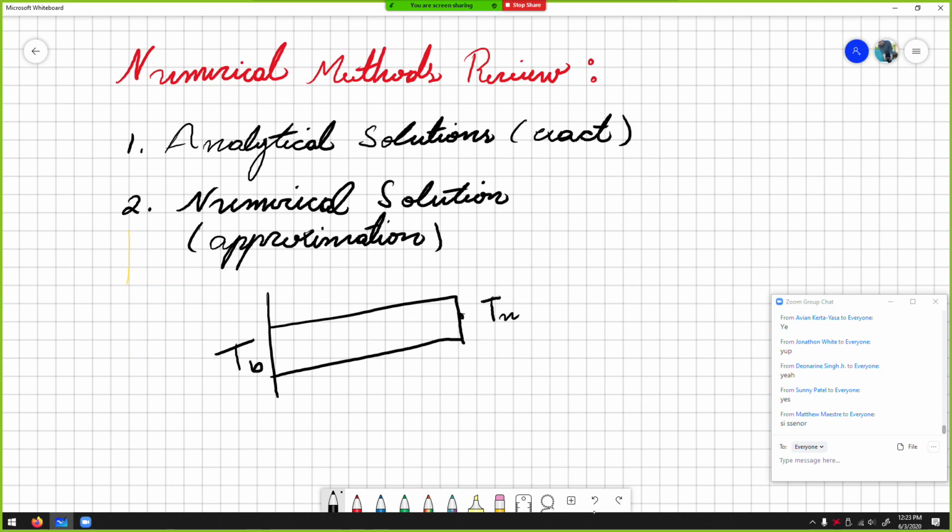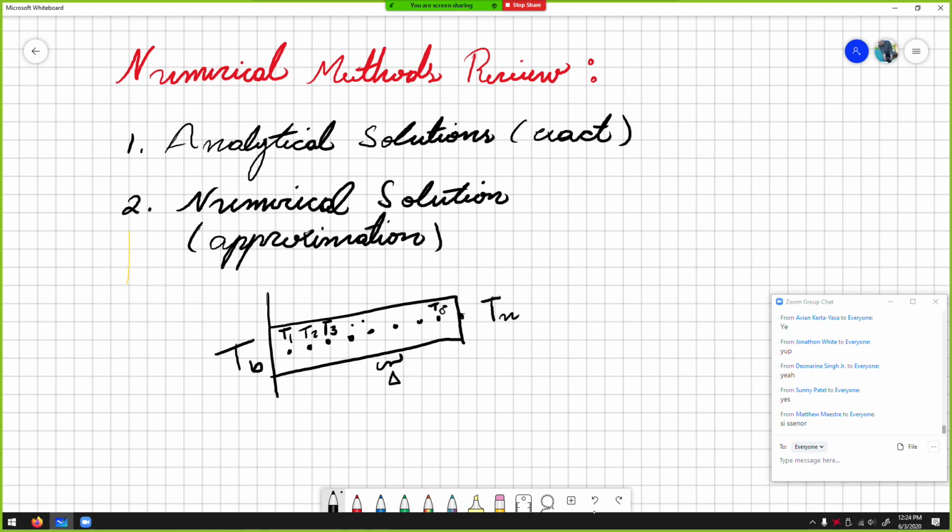What we can do with numerical approximations, and this is a very rough example, is create nodes that are separated by a certain distance, a certain delta, and all of these nodes each have a value, or a number that pertains to the index. What happens is, in my numerical solution, I can treat this system as a discrete system.